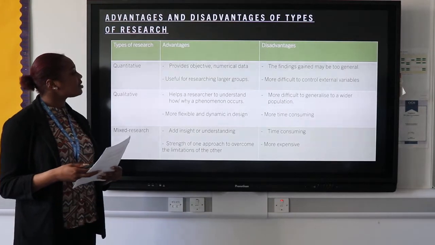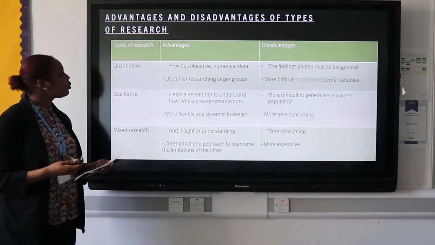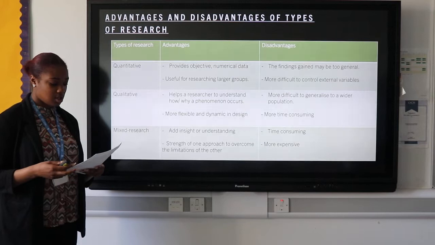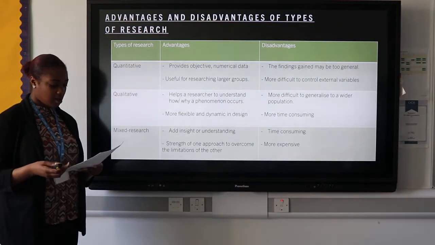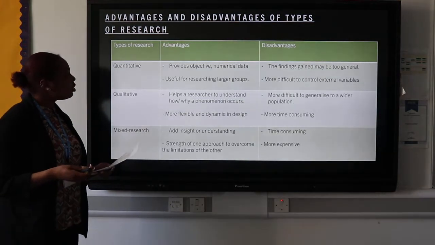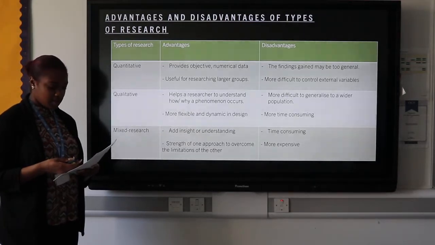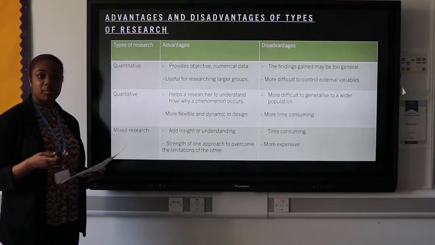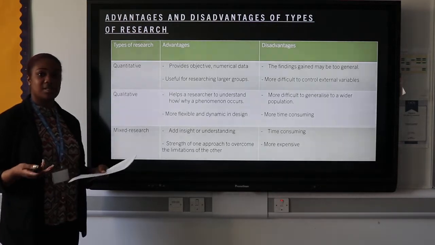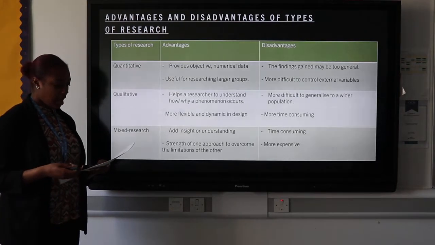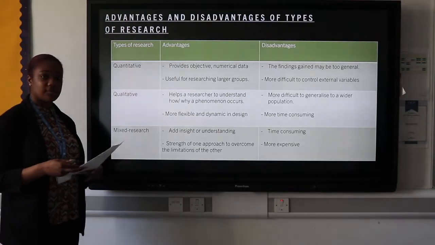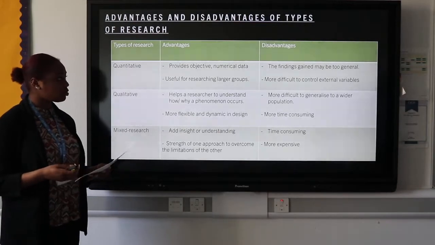Advantages of the different types of research. For quantitative, one advantage is that it provides objective and numerical data, which some people may see as more credible because it's free from bias, and is also useful for researching larger groups.